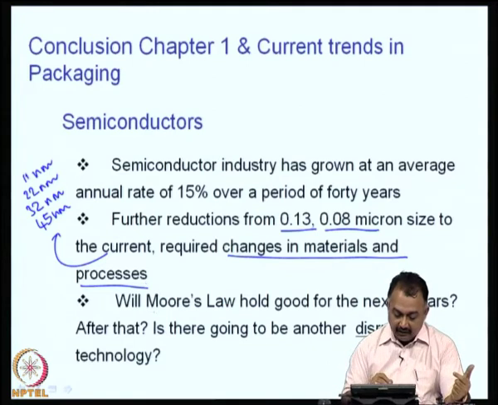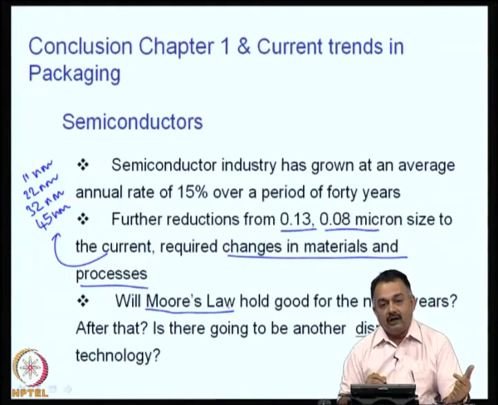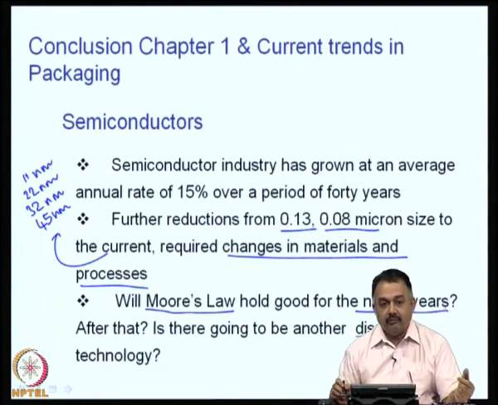I have explained in detail what is Moore's law. Now, the question is, as a conclusion to this chapter, will it hold good for the next 5 years? That means, will the doubling of transistors take place every 18 months or at max 24 months. This is what we are going to see.